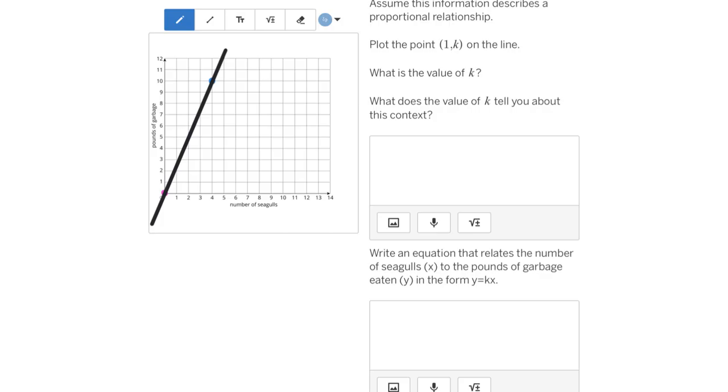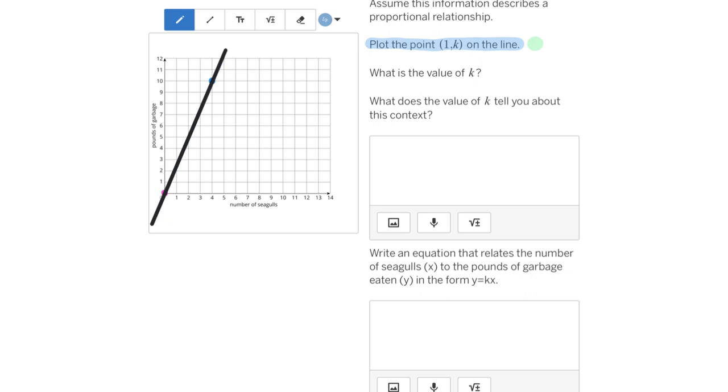Okay, so we have our graph recreated on the next slide. I hope that carried over for you. It should have. But if we have 4 seagulls that ate 10 pounds of garbage, and I drew my line. Now, the first thing that this problem is going to ask us to do is to plot the point 1, K on the line. So I'm going to plot this point on my line here in green because it's going to show up really well in that black line.